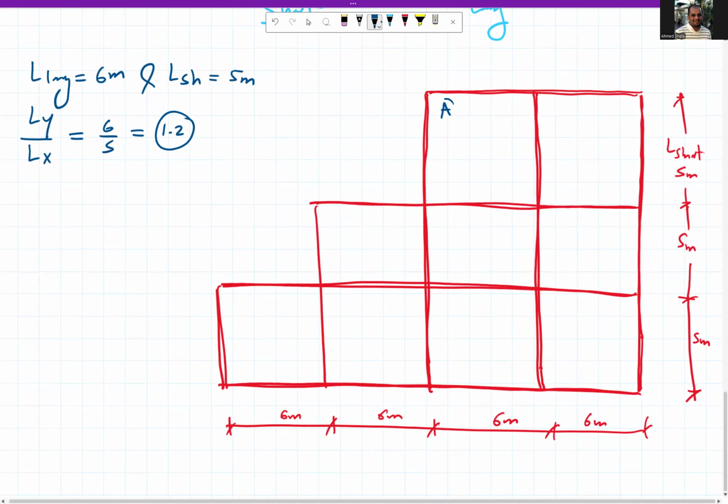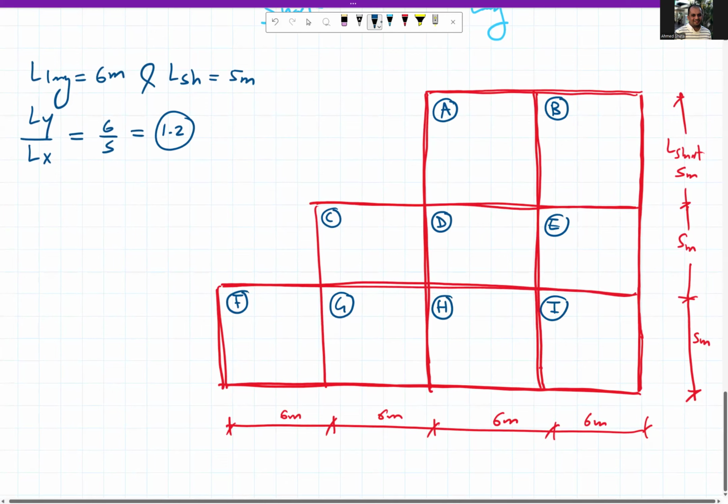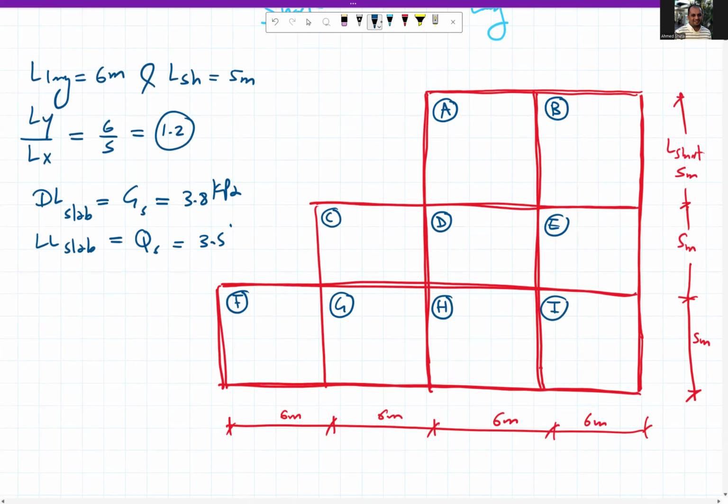I will give the slabs these IDs: A, B, C, D, E, F, G, H, I. So we have 9 slabs. Given in this example, the dead load on the slab, or G slab, equals 3.8 kPa and the live load on the slab, Q slab, equals 3.5 kPa.